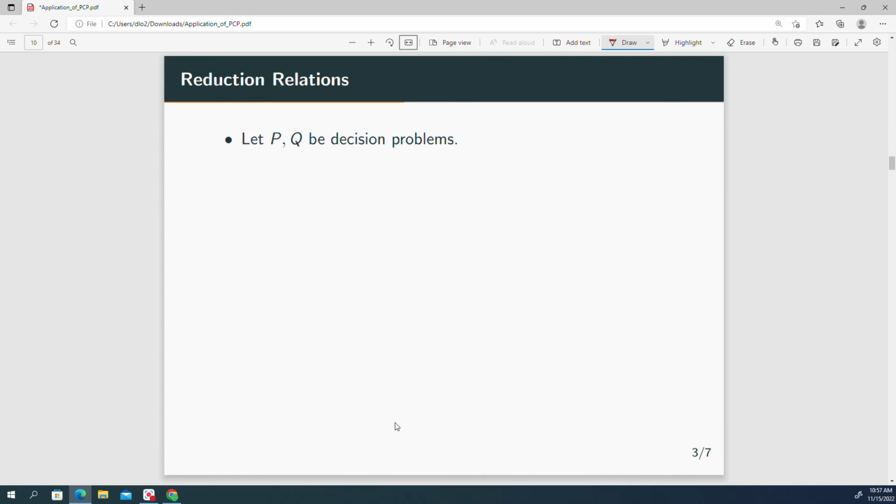Now let's study a little bit about the relations. So P and Q are decision problems. Decision problem means that the answer is either yes or no, it cannot be something else.